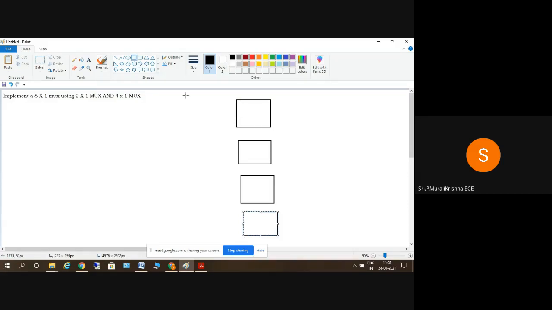So each one is having 2 inputs, right? So this is I naught. Each one is having 2 inputs, and each one is having an output here. So what output can I put here? So x1, and I'll get x naught, x1.